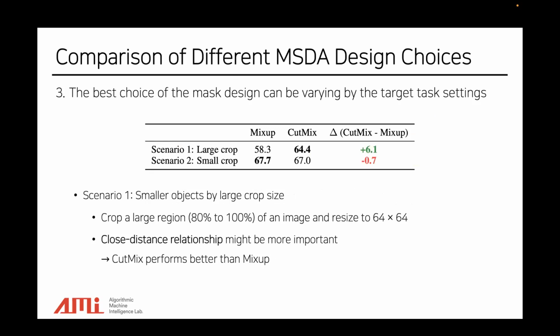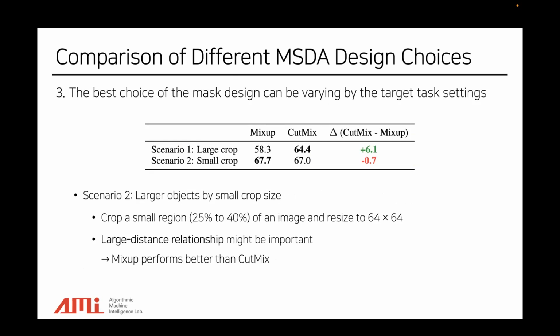And lastly, it is about how the best choice of the mask design can vary by the target task settings. To show this empirically, they designed two scenarios. The first scenario is a smaller object by large crop size, and the second one is a larger object by small crop size.